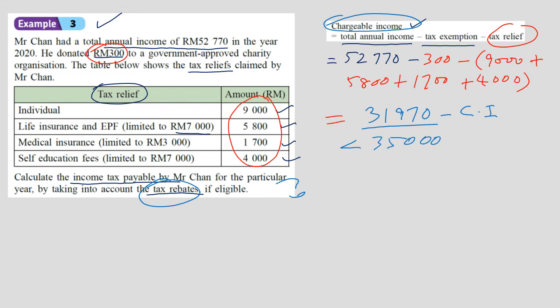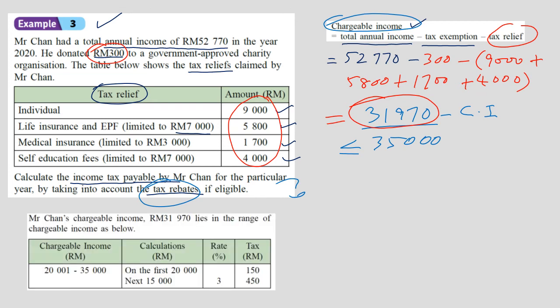The tax rebate will be given if your chargeable income is less than or equal to 35,000. So this is already less, so you will get the tax rebate.